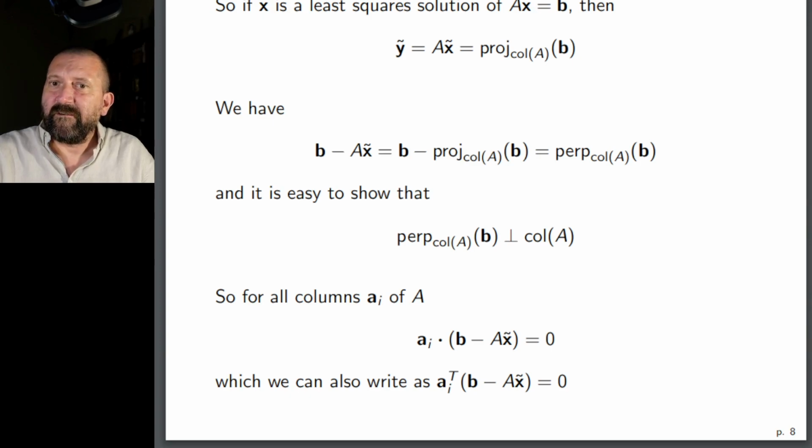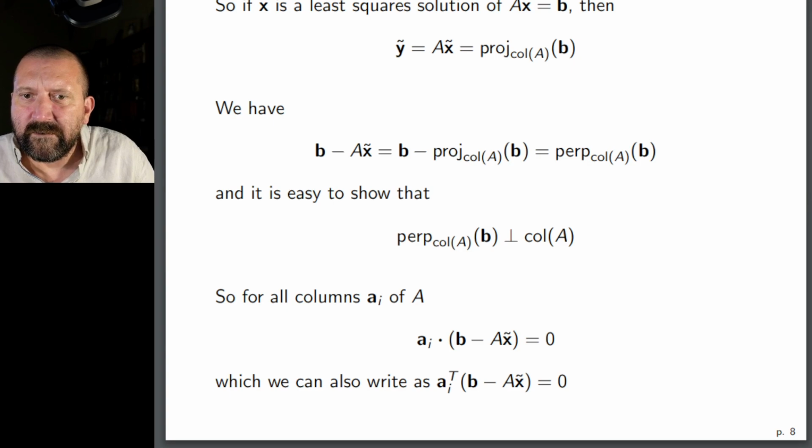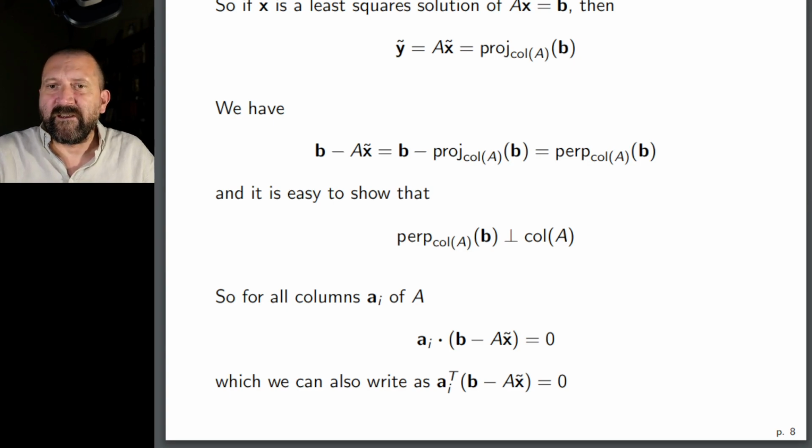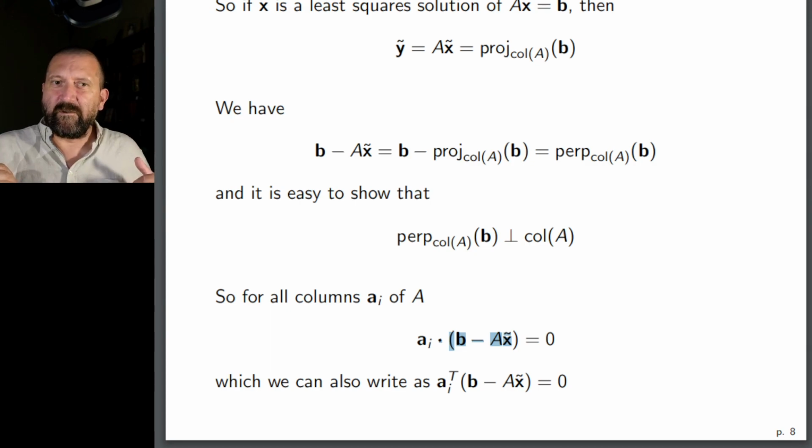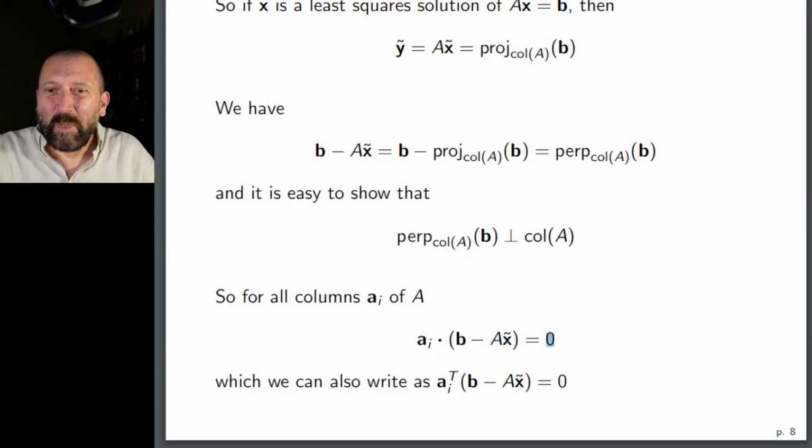That means their dot product is 0. And this 0 here is a scalar 0. This is a vector, and this is another vector. So the result of the dot product of two vectors is a scalar, a number. This is 0, the number.